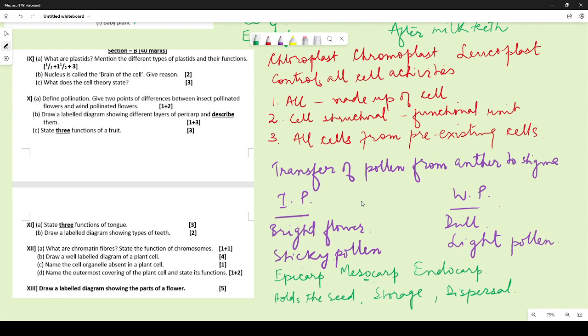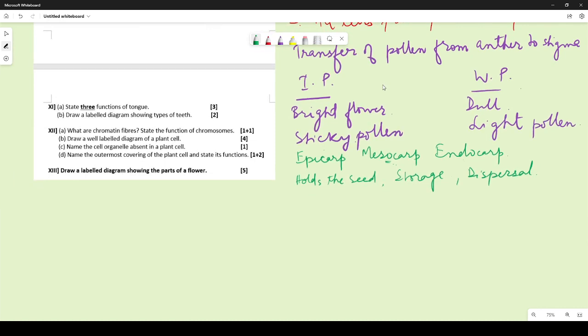Now let us talk about the last part, where we state the 3 functions of the tongue. The first one is that it helps to mix saliva with the food to make it soft.